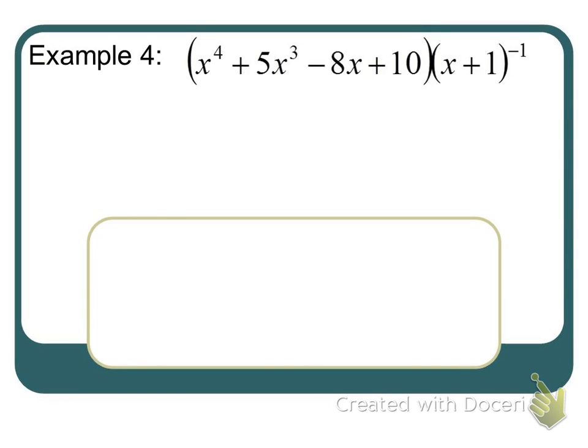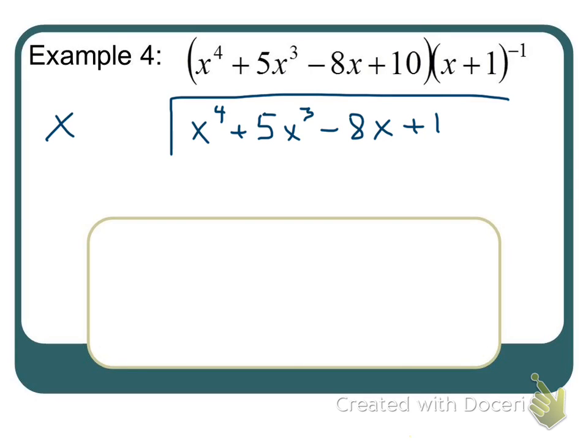I want to go back. X to the fourth plus 5x cubed. I'm making a mistake here, but because I want to make a point, we're dividing that by x plus 1.